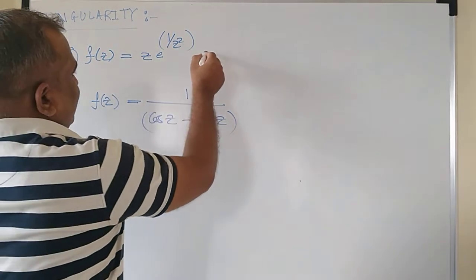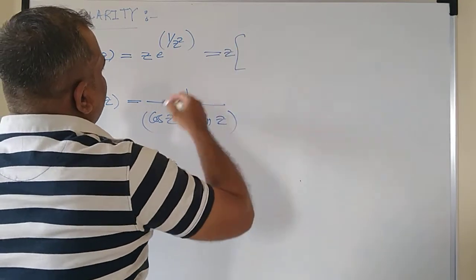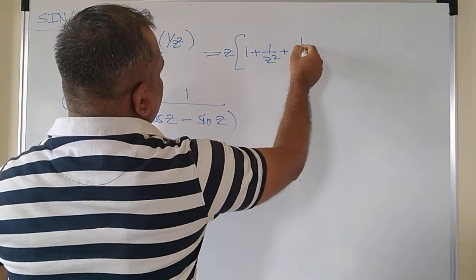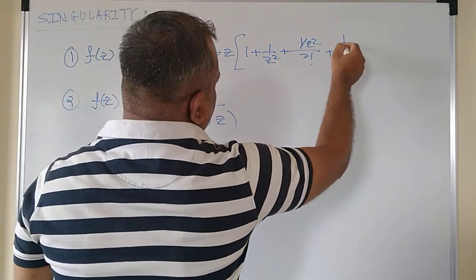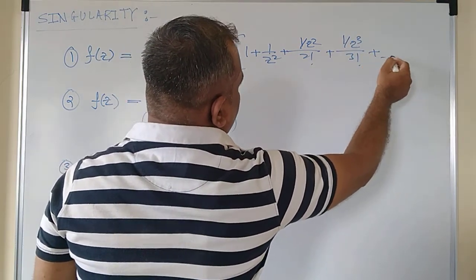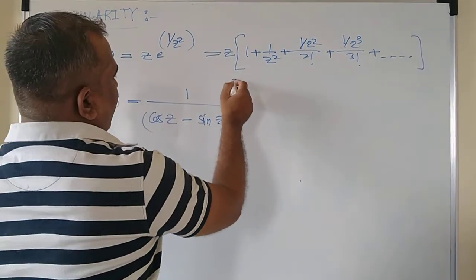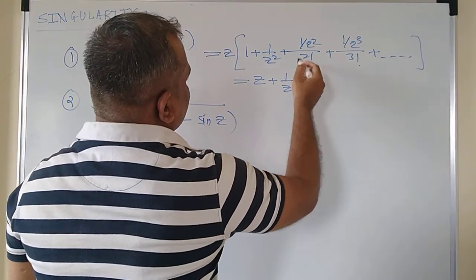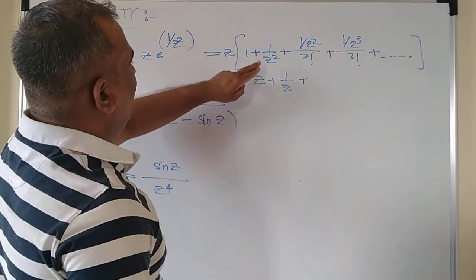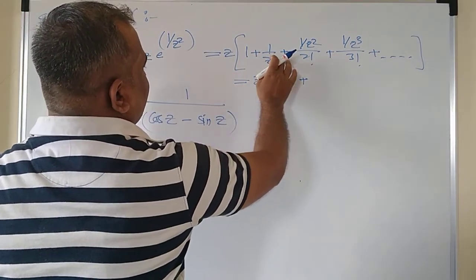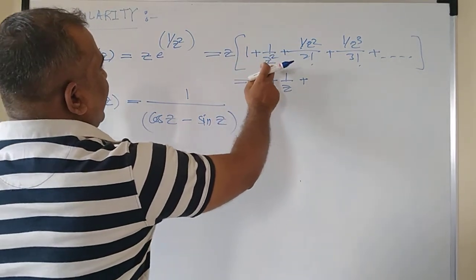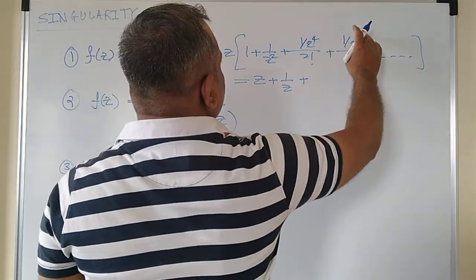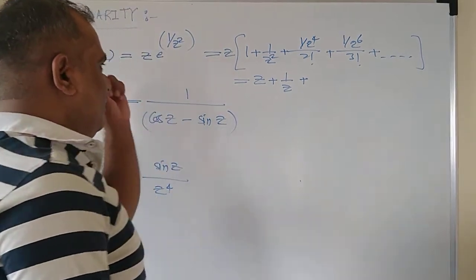So this will give you z into the bracket, e raised to x is 1 plus x plus x square by 2 factorial plus x cube by 3 factorial, non-terminating, where x is 1 by z square. So 1 plus 1 by z square, x square is 1 by z raised to power 4, plus x cube.